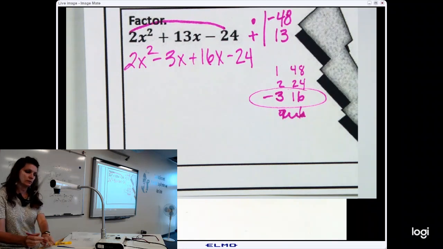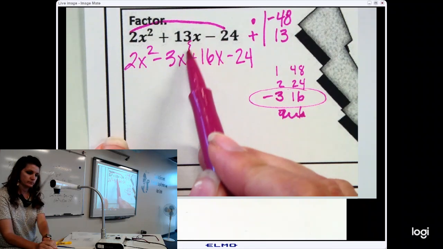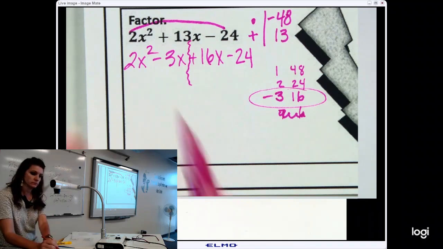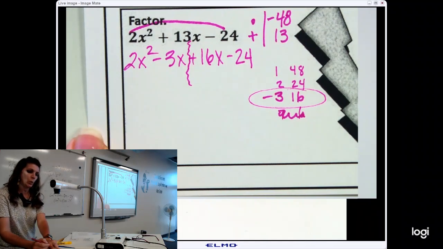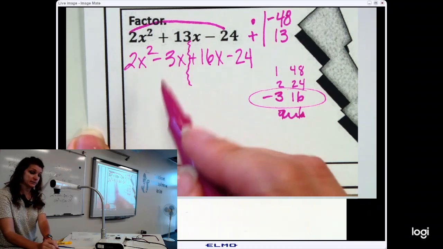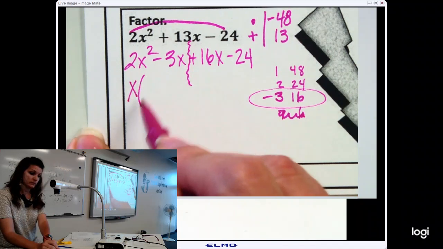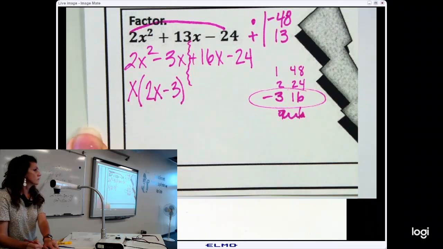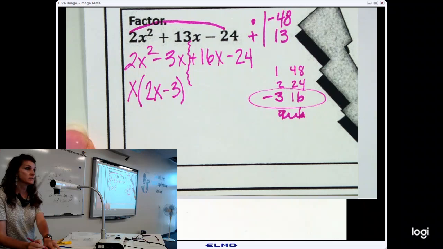Split it down the middle. Greatest common factor on the left-hand side. 1x. Good. Greatest common factor on the right.